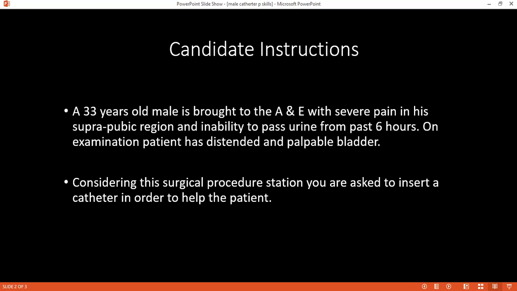If that doesn't work, then you will use the syringe. If there is still no urine, then I will consider flushing with the 50 ml catheter syringe. It could be due to a blocked catheter. I will flush it, and if it still doesn't come, then I will consider calling a urologist.